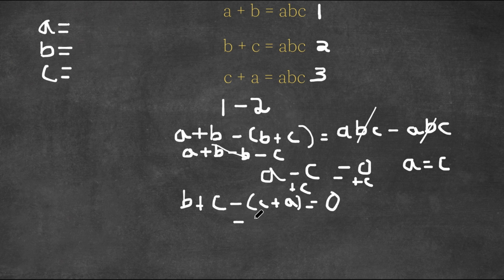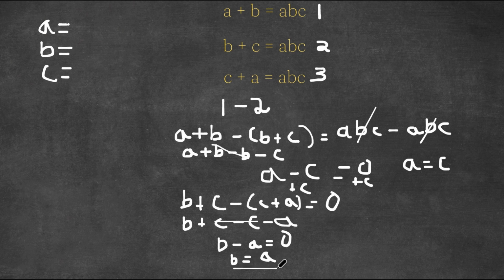Now if we distribute this, we get negative c minus a, and we have positive c over here, and we have our b. Well, these two cancel out, so now we get b minus a equals 0. And if we add a on both sides, we get b equals a.